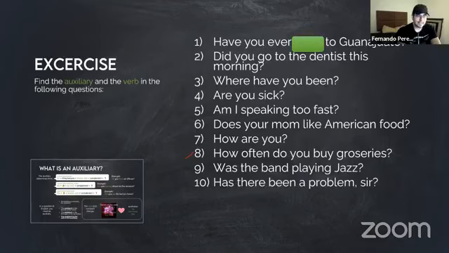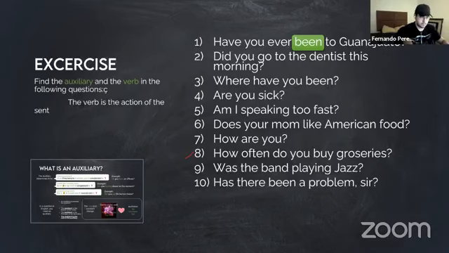The verb is the action of the sentence. So when you don't have an idea of what a verb is, you need to think about the action.